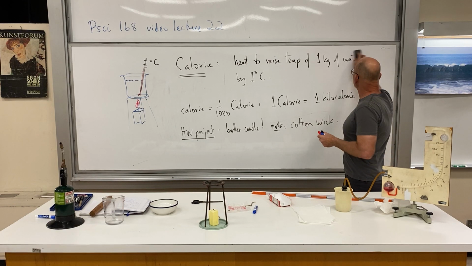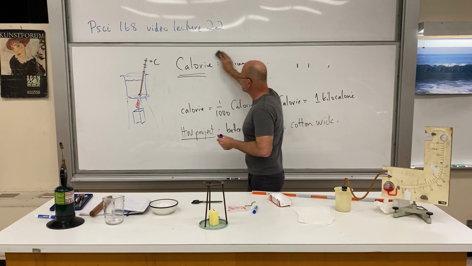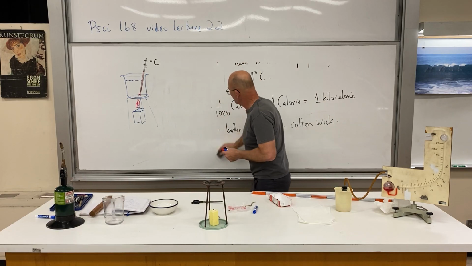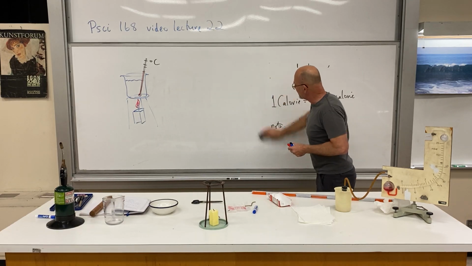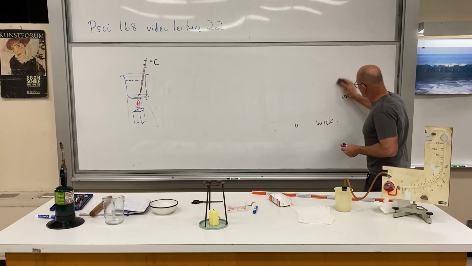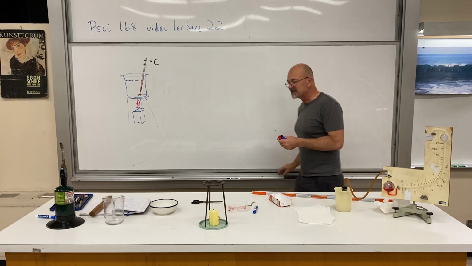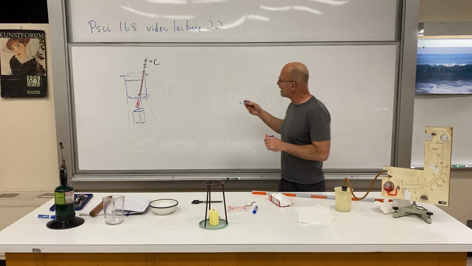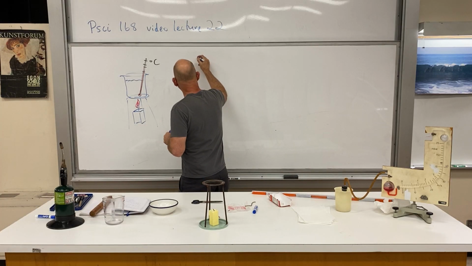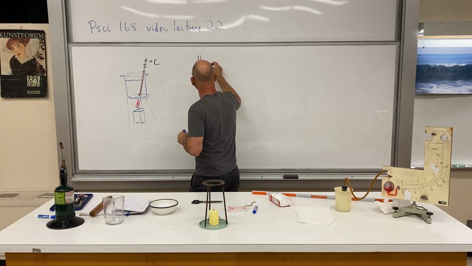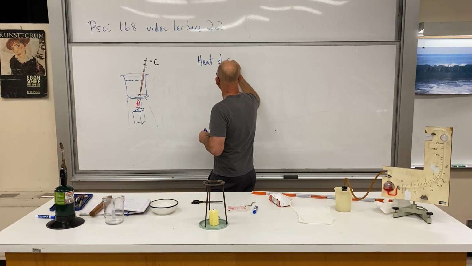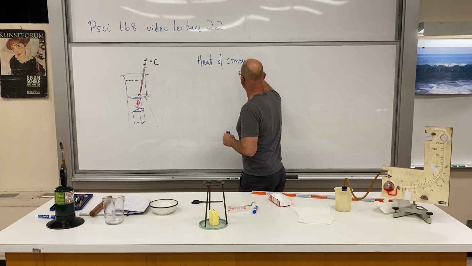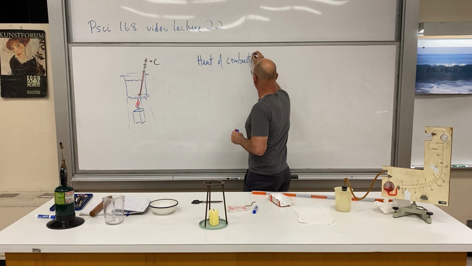Let's put a little list up here. These are the common numbers. You could look up and make a little table if you go online and look up some more values, but let's call this heat of combustion, since that's what I just described, burning something.